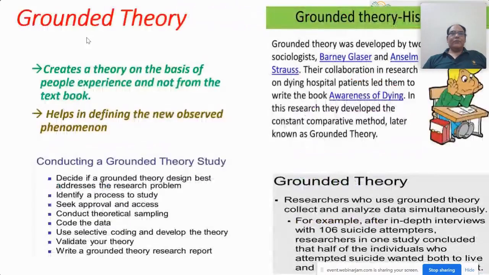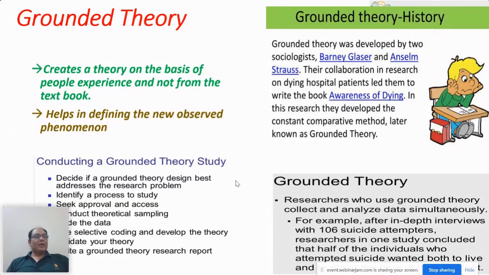Now let's move on. Grounded theory: I explained all these things in a few short sentences, but let me explain some of the theories. Most of the theories that we are studying nowadays are examples of grounded theory.